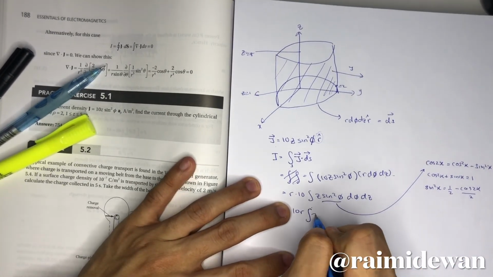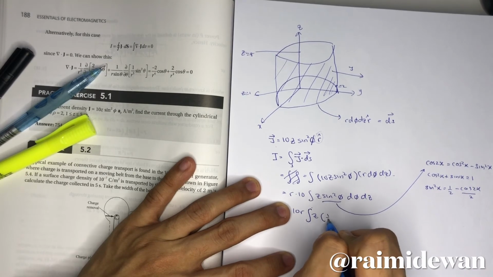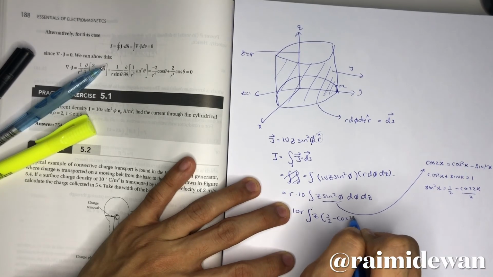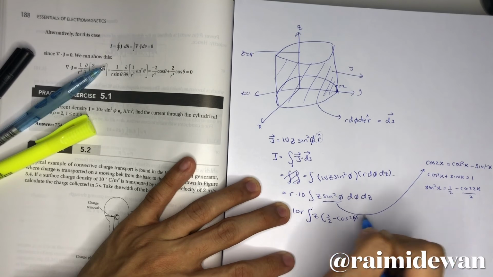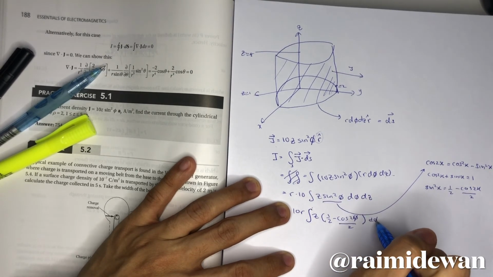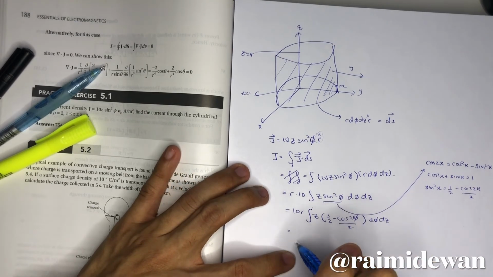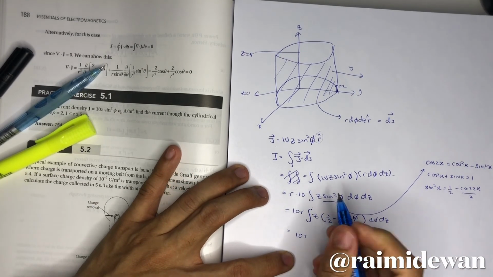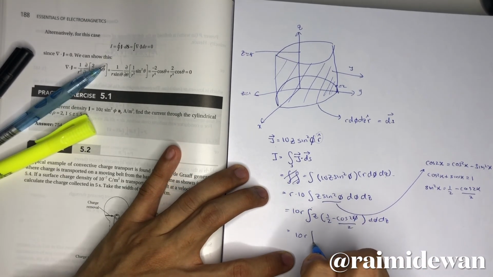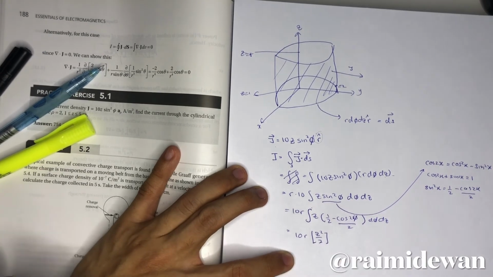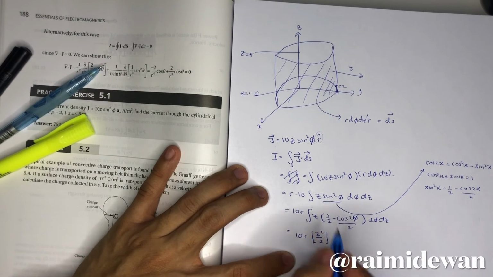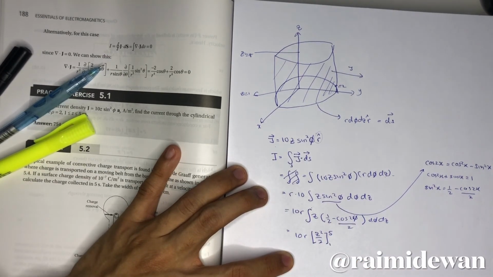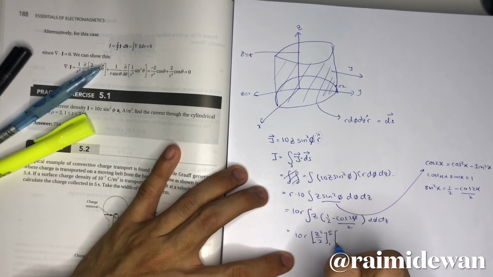So you have z times (half minus cos 2φ over 2) dφ dz, then 10r. How about z? What is the limit of z? It's between 1 and 5. And how about this one?